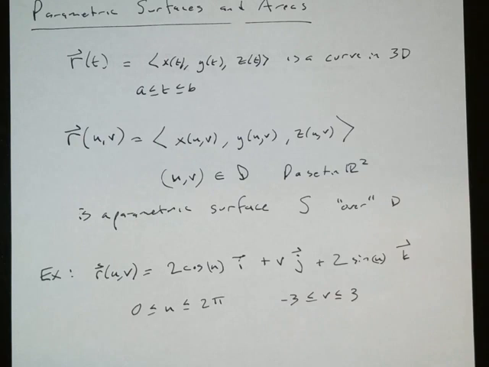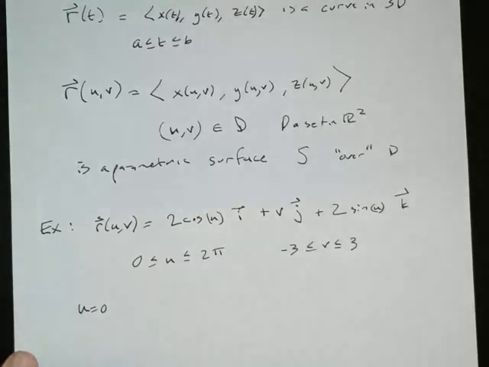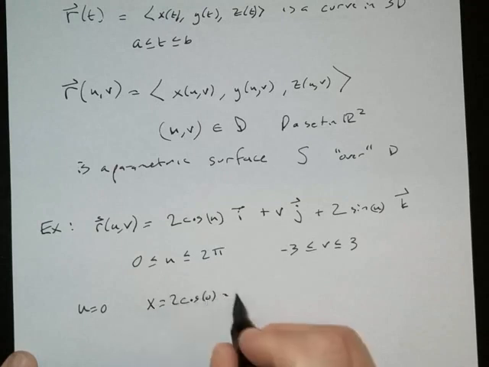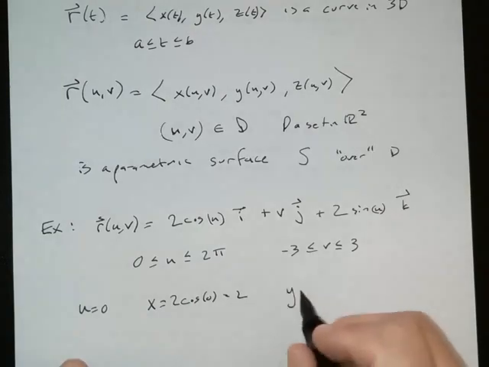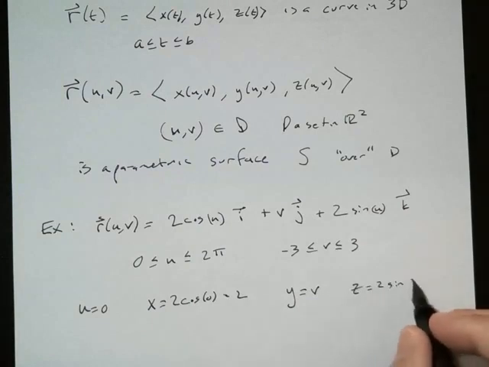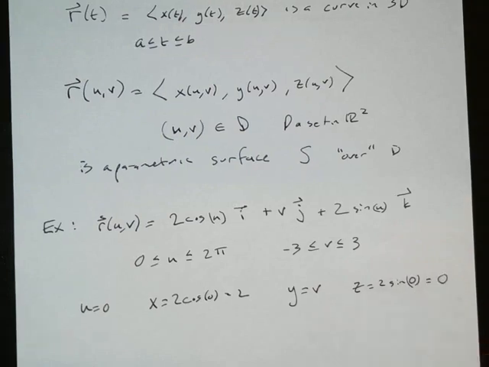If u is 0, then I have 2 cosine of 0. The cosine of 0 is 1, that's just 2. And that never changes. I have y equals v. We haven't done anything with v. And I have z equals 2 sine of 0. What's sine of 0? Perfect.